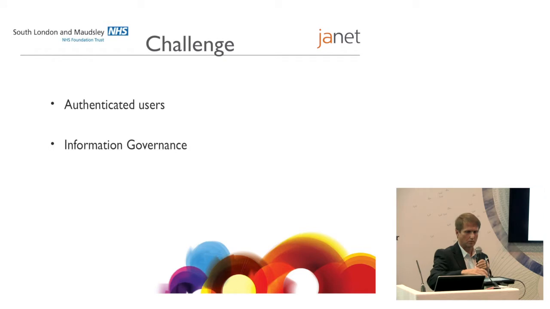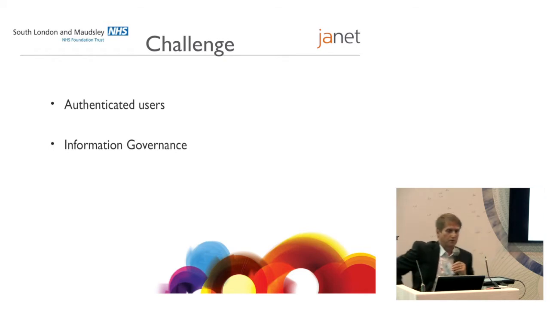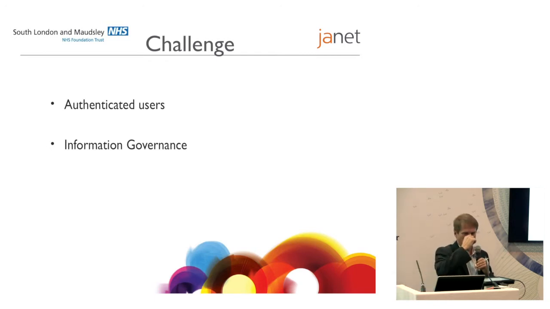Okay, so what were the challenges that we had? One of them was the authenticated user. What we didn't want to do, and it was clear from the information governance area, the way we work in, is a mental health institution. It has obviously patients and clinical information that we are always being told, and rightly so, that we need to be safeguarding these individuals.